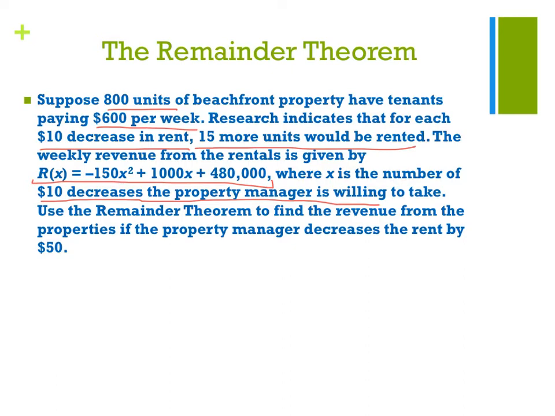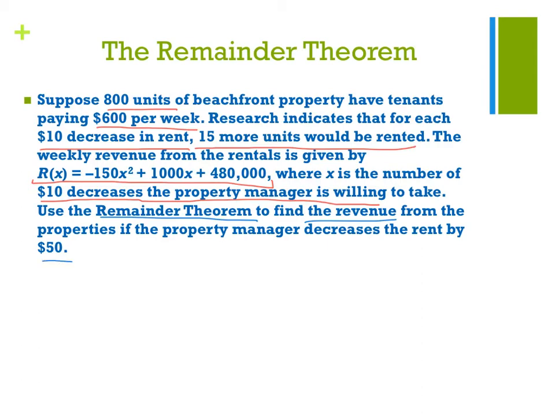Okay, there's a lot of information here, and we have to sift through what we actually need to use. First of all, they want us to use the remainder theorem to find the revenue from the properties if the property manager decreases the rent by $50.